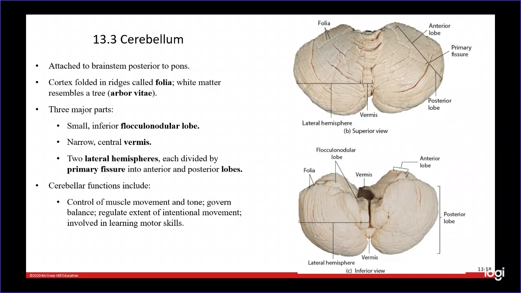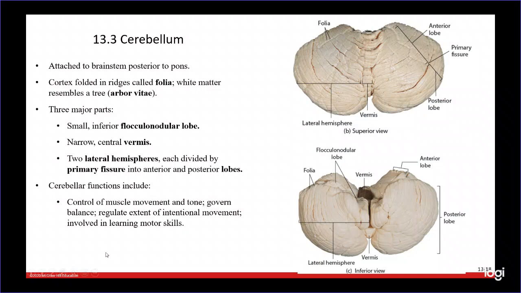I would like to point out that there is a region that I think is super cool called the arbor vitae, which literally translates to tree of life. Somebody looked at this and they saw a tree.